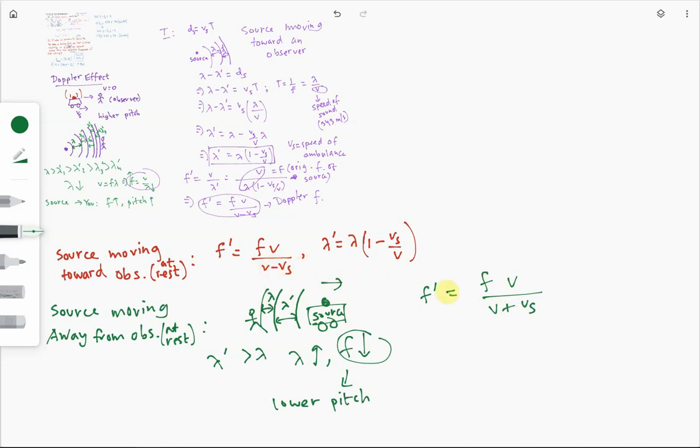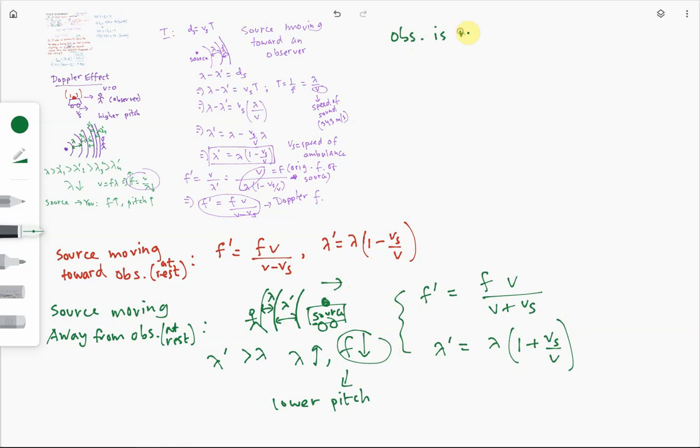The minus here becomes a plus there, and lambda prime again is just a difference in sign. The new wavelength in this scenario, when the source moves away, is lambda times 1 plus the source velocity over the sound velocity.